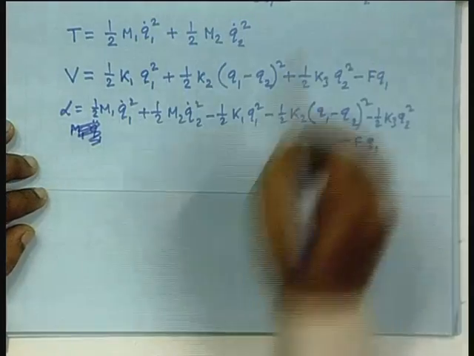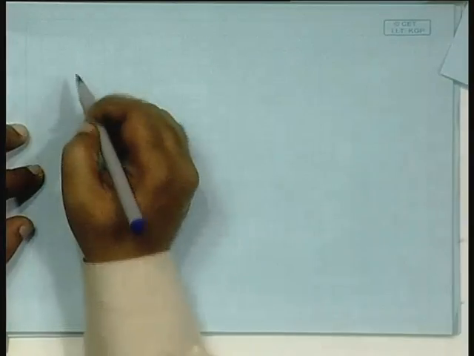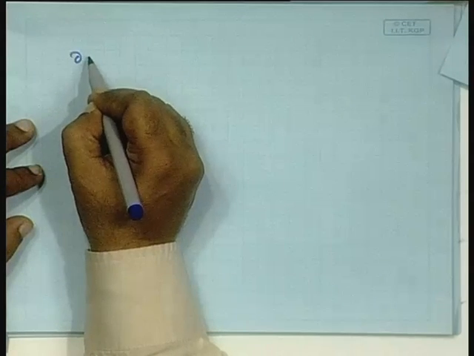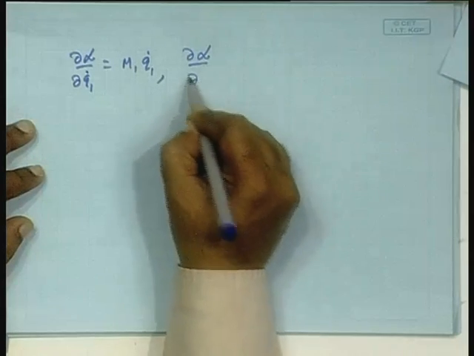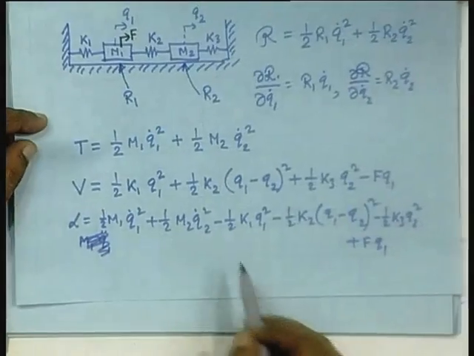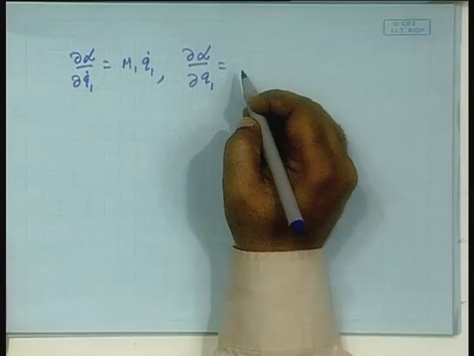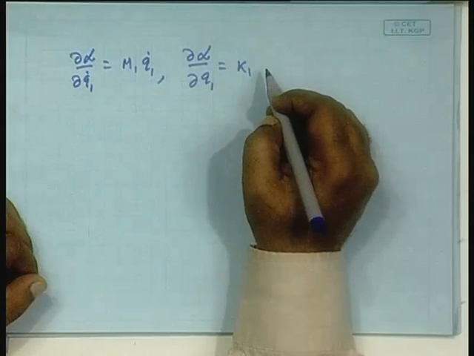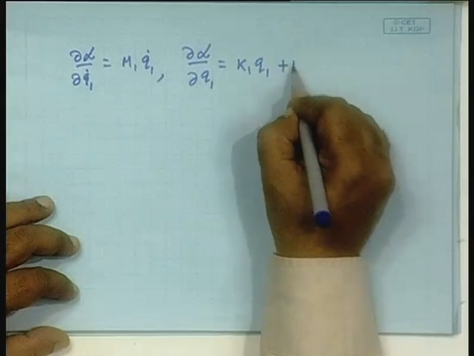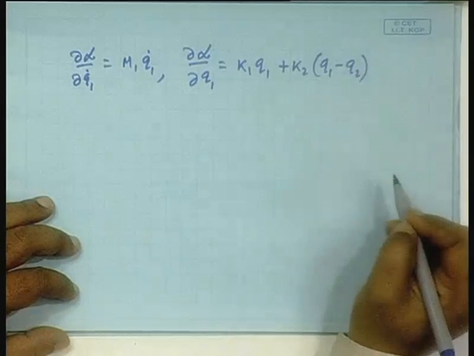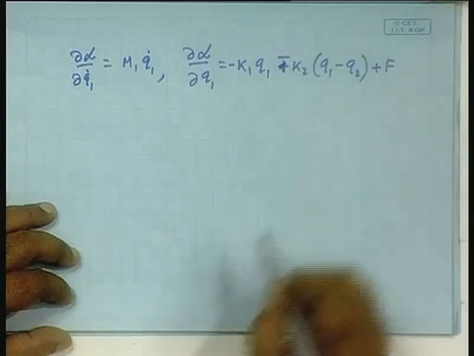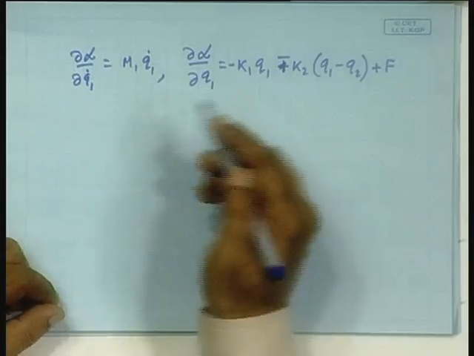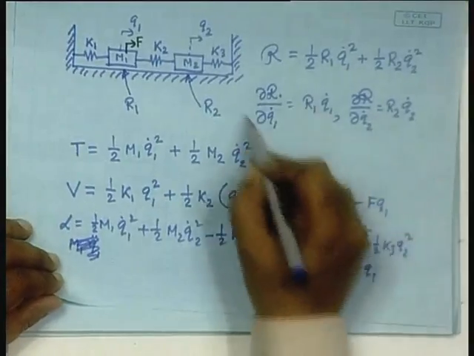So, that was the Lagrangian function, Rayleigh function is there. If you now differentiate in the first direction, in the q1 direction you have k1 q1 plus k2, and the Rayleigh term's derivative was this.